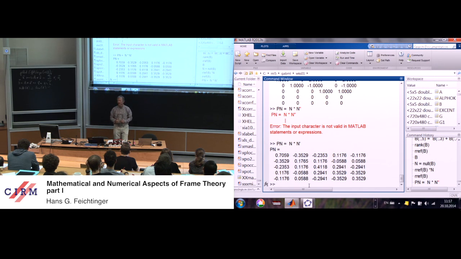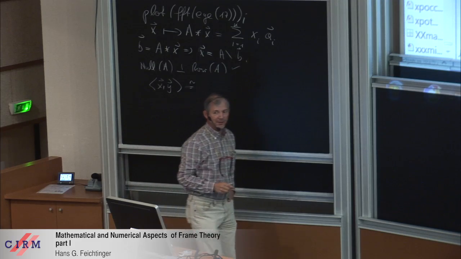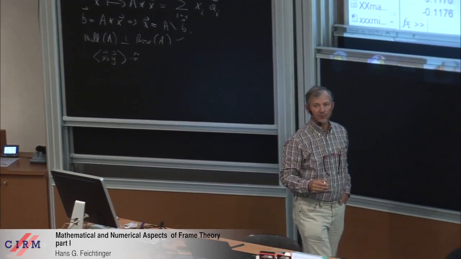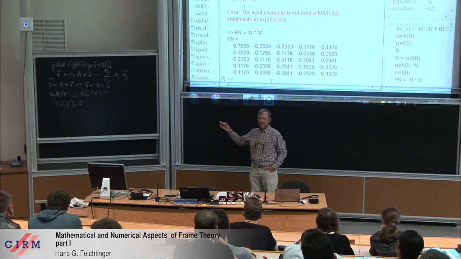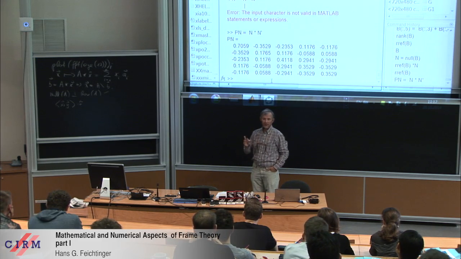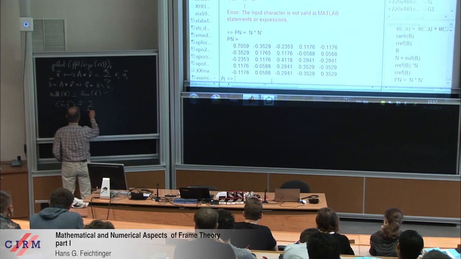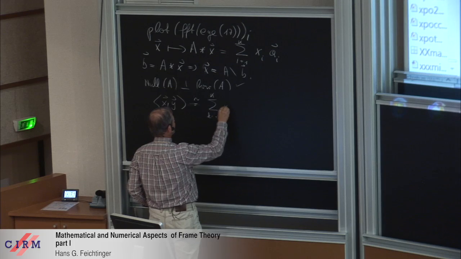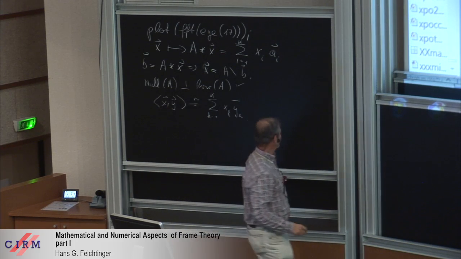Matrix vector multiplication is matrix multiplication with a matrix applied to a degenerate vector. That's very easy. Now, when you have two vectors and you would like to have a scalar product, since we are here as mathematicians, our convention will be that the sesquilinear form is antilinear in the second component. So you would expect the sum over k from 1 to capital K of x_k times y_k, with complex conjugation.